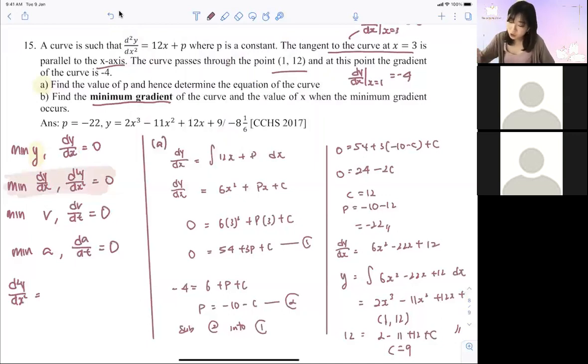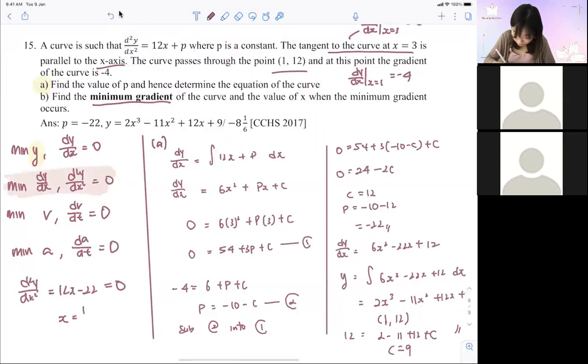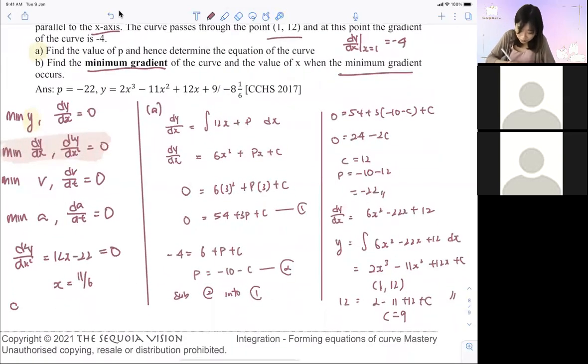So d square y over dx square, which is 12x minus 22, you let it be equals to 0, x equals to 11 over 6. You want the minimum gradient, so you sub x equals to 11 over 6 into dy over dx. Exactly the same as how we did this in kinematics.